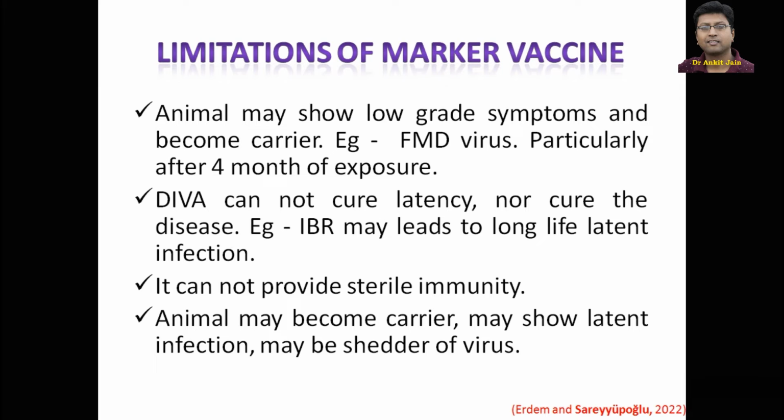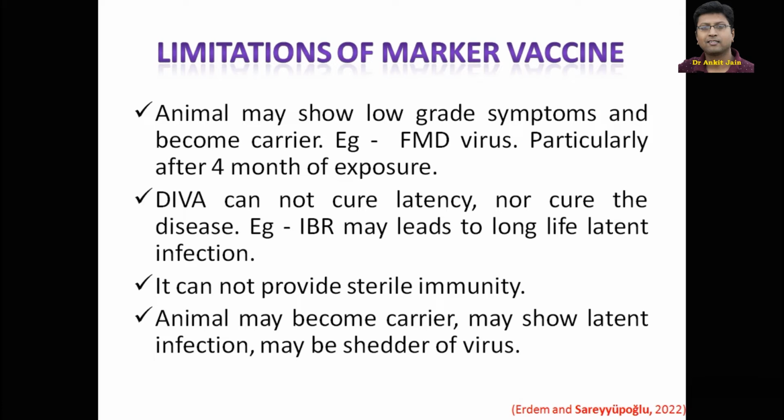Now coming to the limitations of marker vaccine. As we know that there are different types of DIVA vaccine used in the veterinary field, like the FMD DIVA vaccine and the IBR, that is infectious bovine rhinotracheitis virus disease.